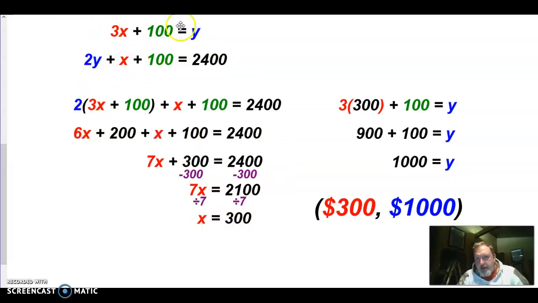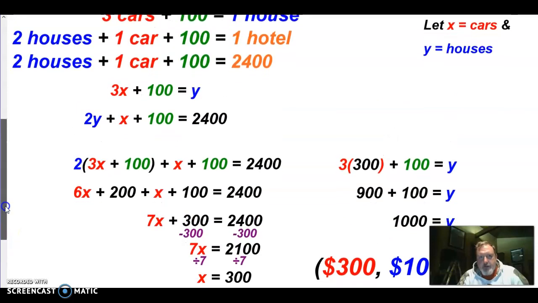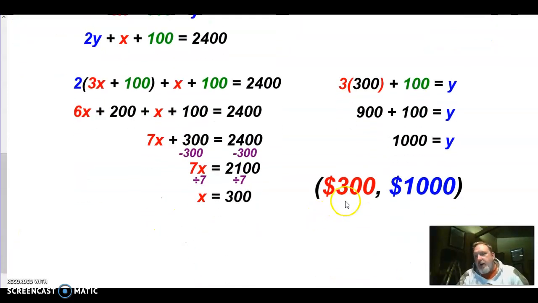Now I can plug that back into this top one, and I can solve that for y. Y is going to be $1,000. So our last step, write it as an ordered pair, $300 for a car, $1,000 for a house, and that is our solution to our intro problem. All right, so this concludes the notes for part 1.